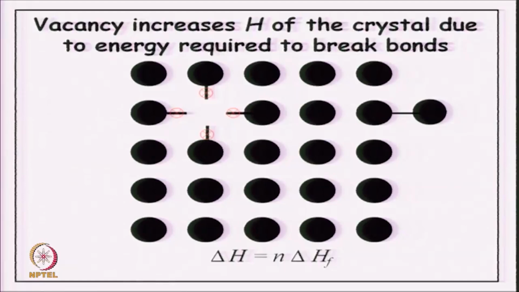Of course, we are assuming that n is very small, so only quite a few sites are vacant, and also they are far apart, such that the number of bonds broken is constant for each vacancy.